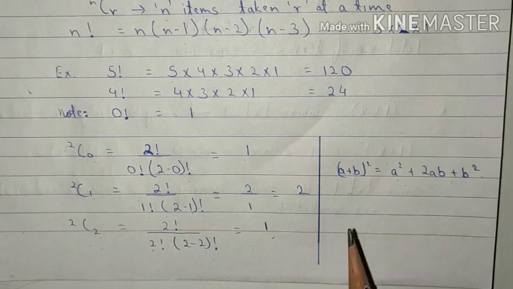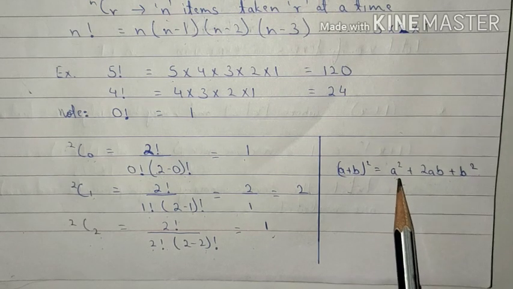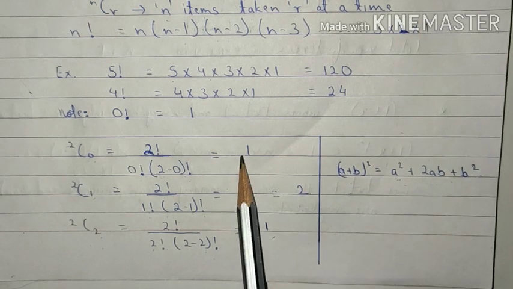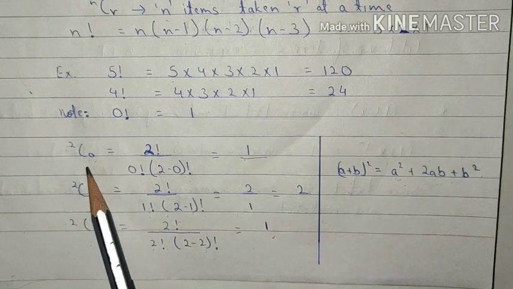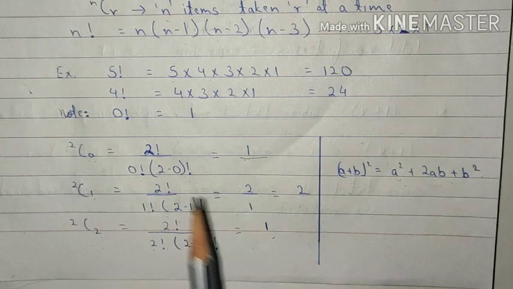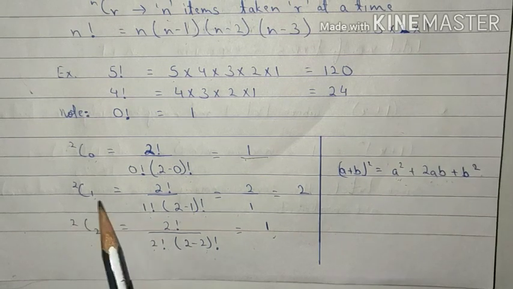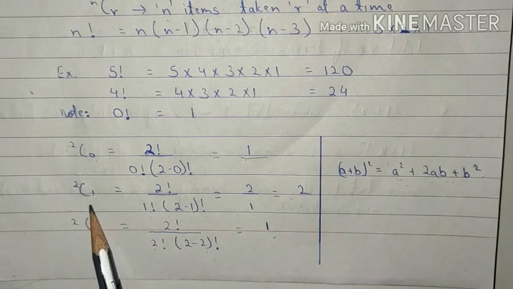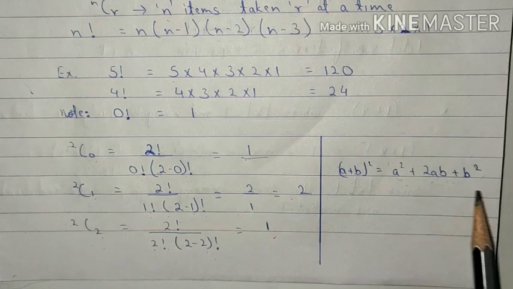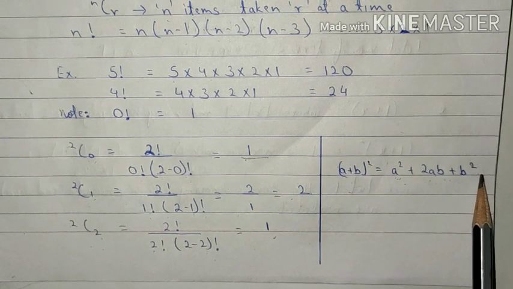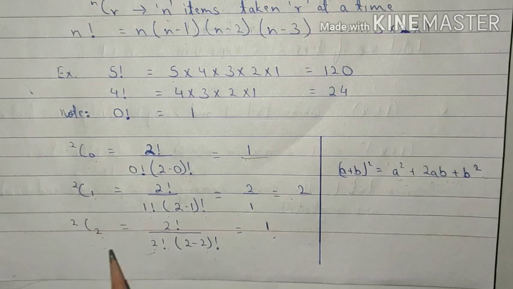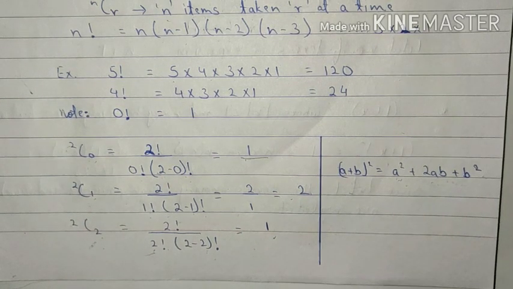As you can observe, the power of B is 0 over here, so we are putting this coefficient where we have taken r equal to 0. The power of B is 1 over here, so we are putting this coefficient where the value of r is 1. The power of B is 2 over here, so we are putting this value where the value of r was taken as 2. In this way we attain the coefficients.